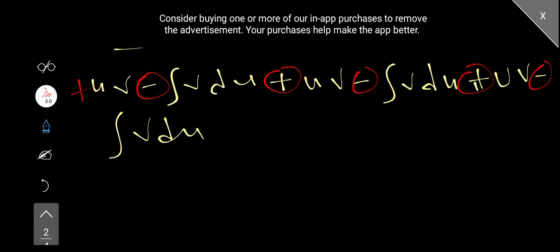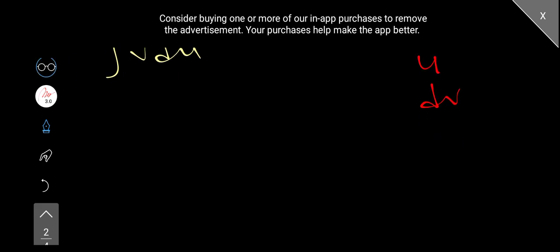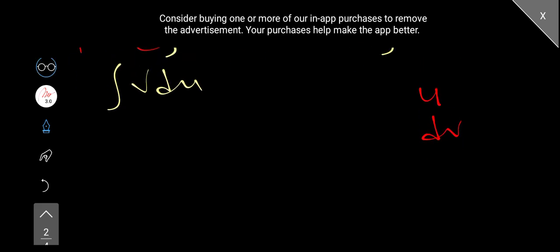One of them should be u, meaning it has to be differentiated. The other one will be dv, which has to be integrated. So we have D and I, differentiation and integration. So therefore, we put D and I.